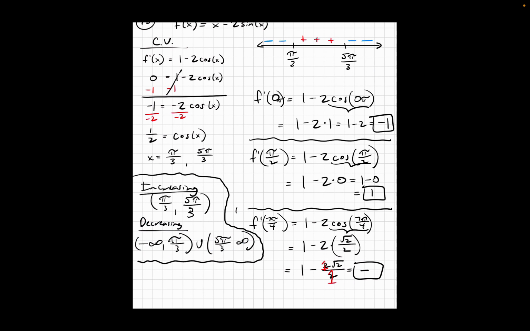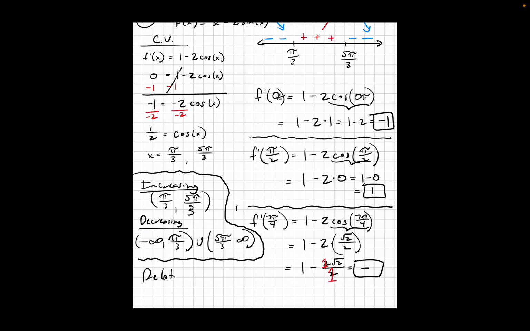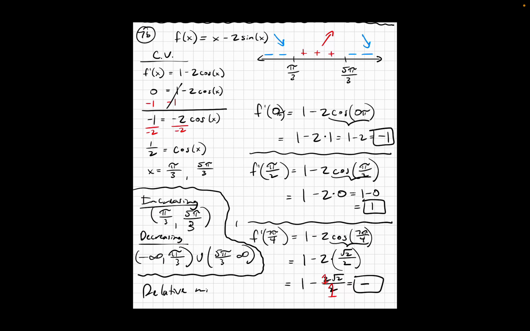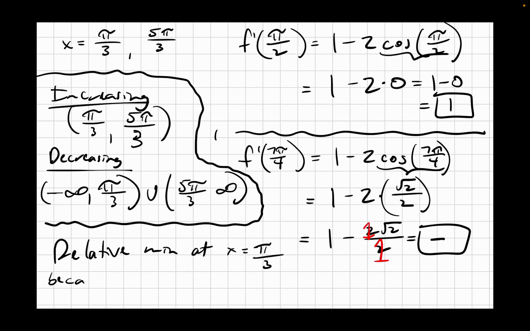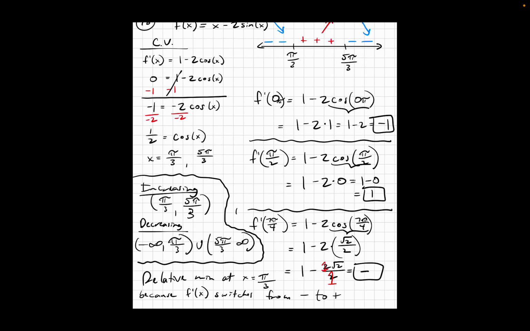Negatives. And then relative maximum, relative minimum. Decreasing, increasing, decreasing. Relative minimum at x equals pi over 3 because f prime of x switches from negative to positive.